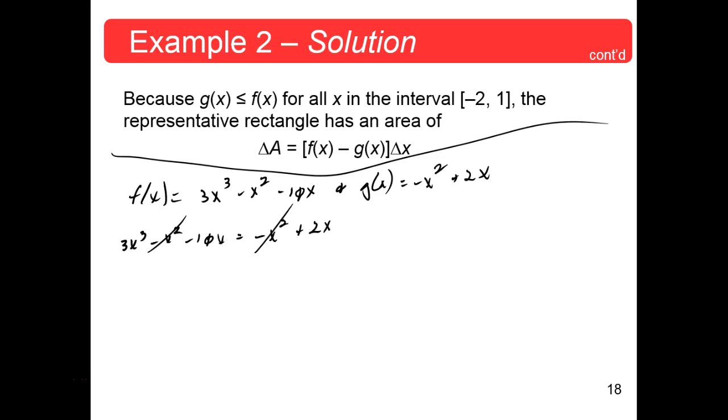And then, subtract 2x from both sides, and that gives us 3x cubed minus 12x equals 0. And what can you do with that?